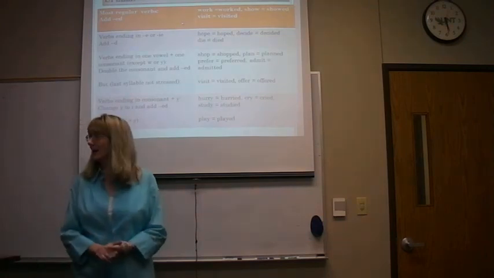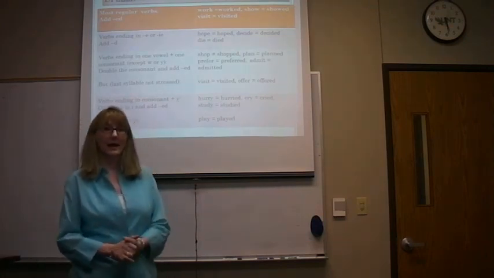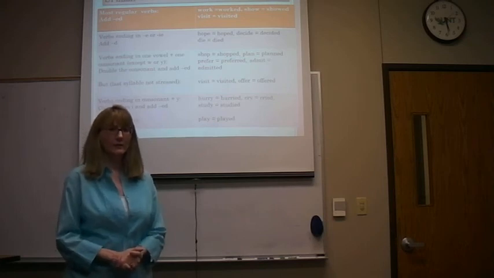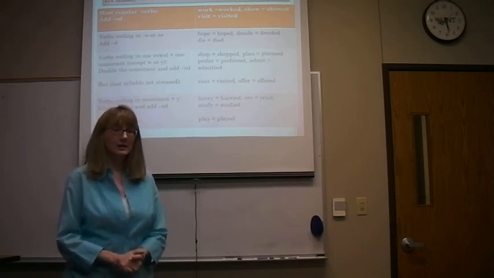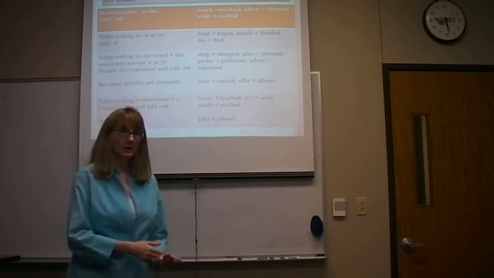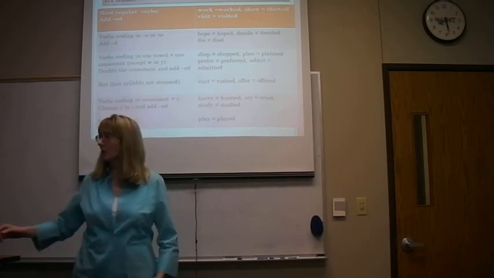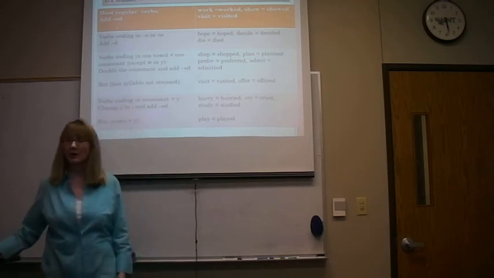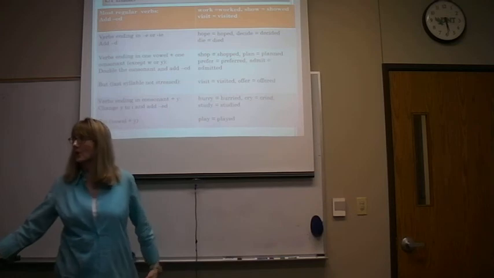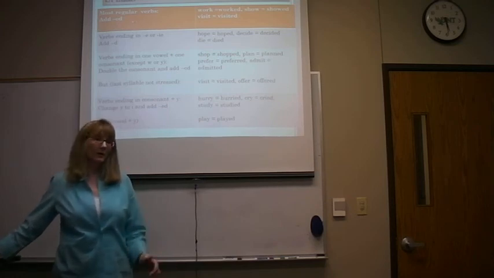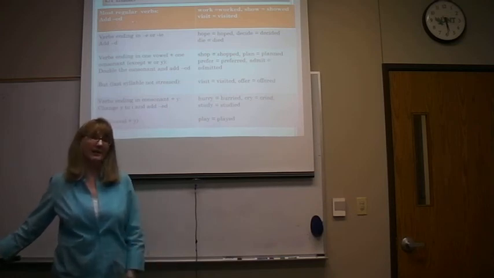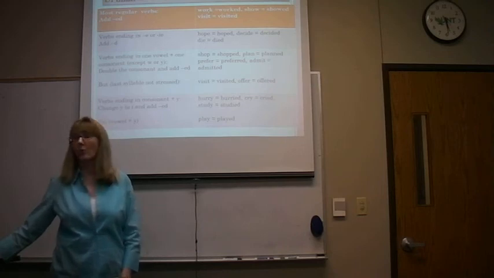Now, spelling of regular past verbs. These are the verbs that we add ed to when we're talking about the past tense. We have a number of different rules. Most of these regular verbs, you just add ed, like work, worked, visit, visited.